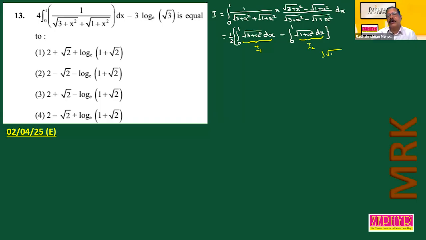Integral of root of x squared plus a squared dx is equal to x by 2 root of x squared plus a squared plus a squared by 2 log mod x plus root of x squared plus a squared. This is what we have to use.